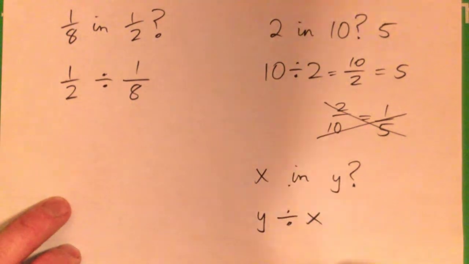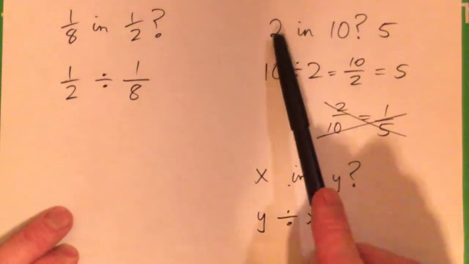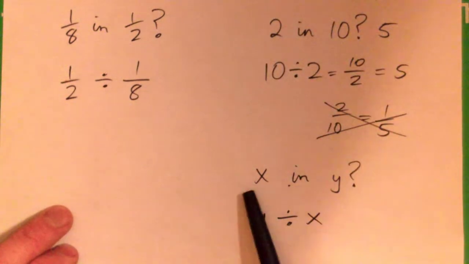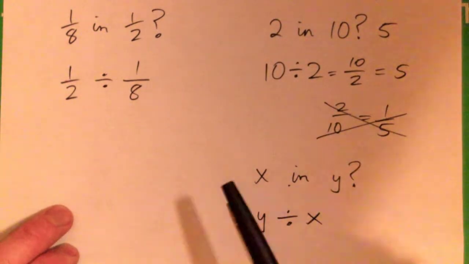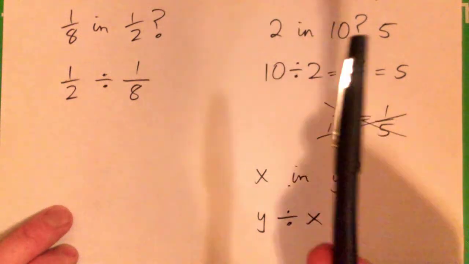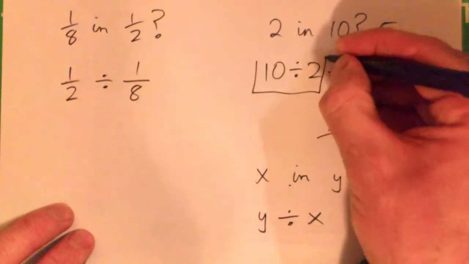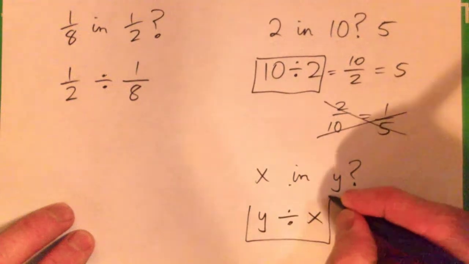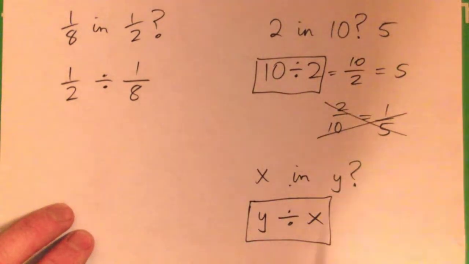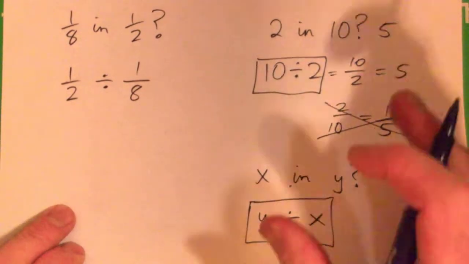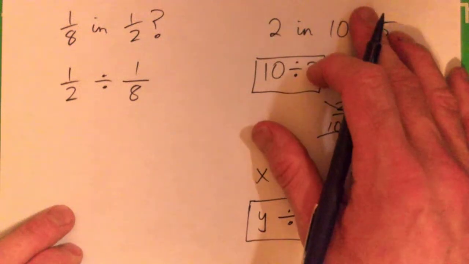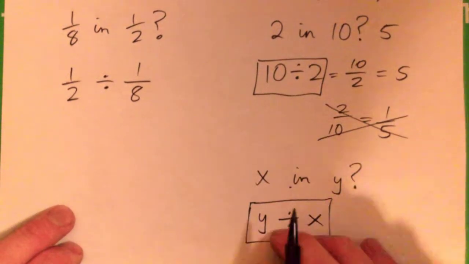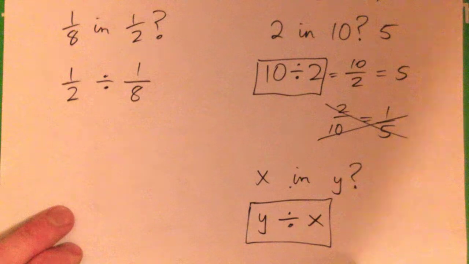See? Because you understand 2s in 10, therefore you can do the x and y. It's the same thing. You just do the same operation. How many 2s are in 10? You do that. How many x's in y? You do that. Got it? That's it. But the trick with math is come up with something simple that you understand, and then use the same operation on the complicated stuff, right?